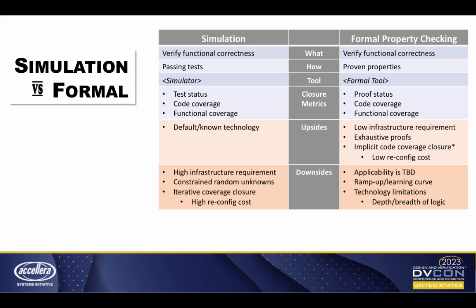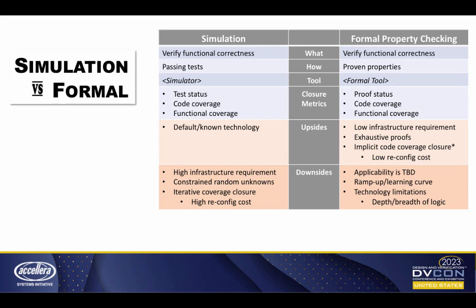So moving to downsides on simulation, again, sticking with that coverage closure aspect. In simulation, you're doing this iteratively, so you may run the same test multiple times to close coverage. You're looking at constrained random unknowns, so there is a lot of uncertainty in simulation when you've got a highly randomizable test bench.